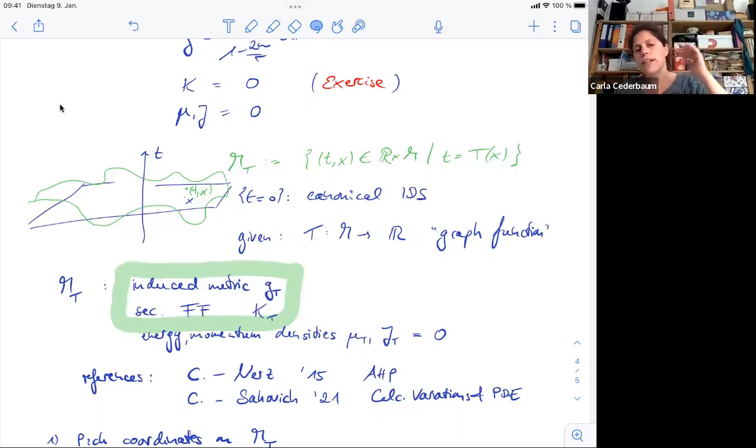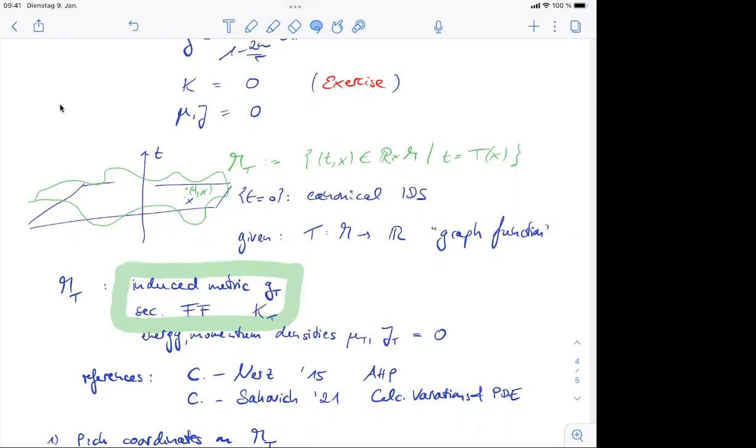So any hypersurface in the Schwarzschild spacetime can be written as a graph over the canonical one, or a piece of the canonical one. So in order to analyze all space-like hypersurfaces, or all initial data sets in the Schwarzschild spacetime, it's equivalent to consider all graphical ones for all graph functions with certain properties. Okay, thank you, Carla. That's really good.